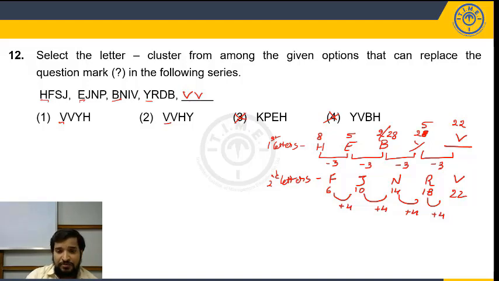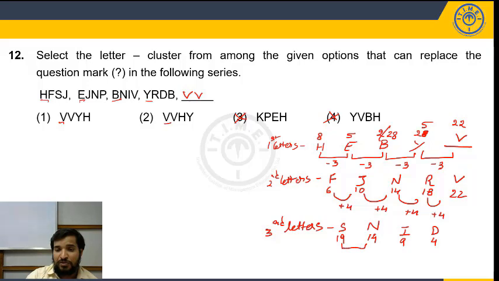Now see the third letter. The third letters are S, N, I, D. S place value is 19, N place value is 14, I place value is 9, D place value is 4.